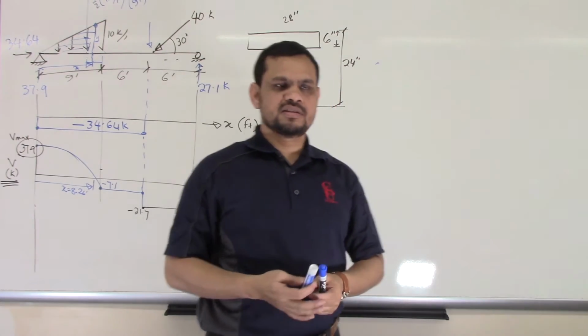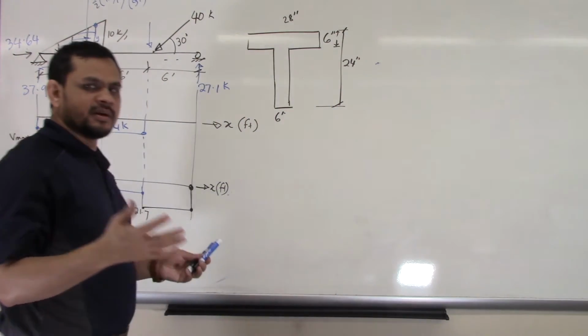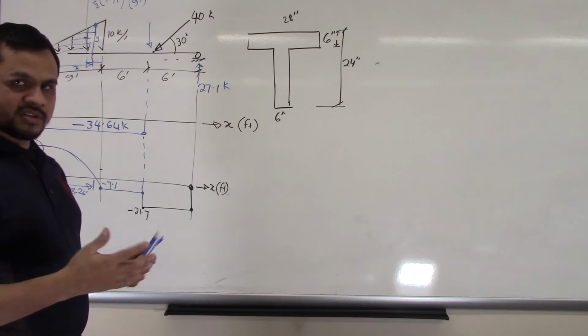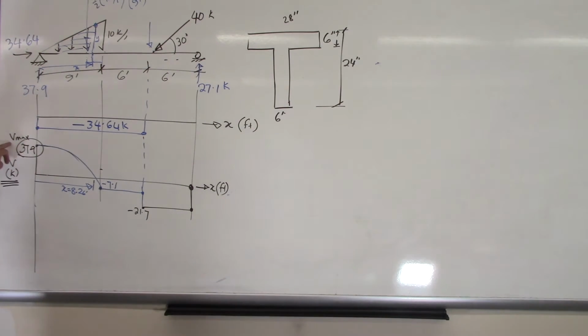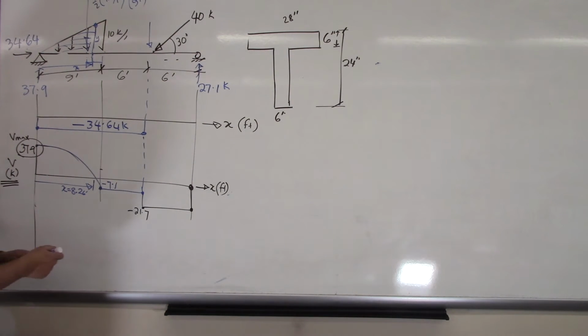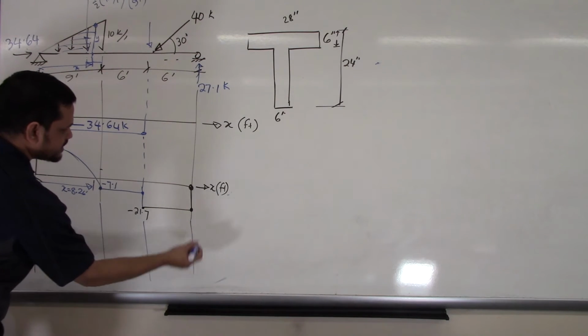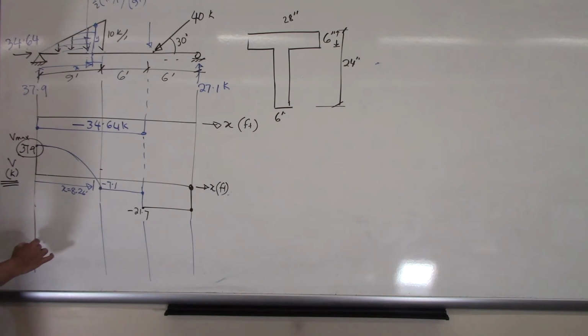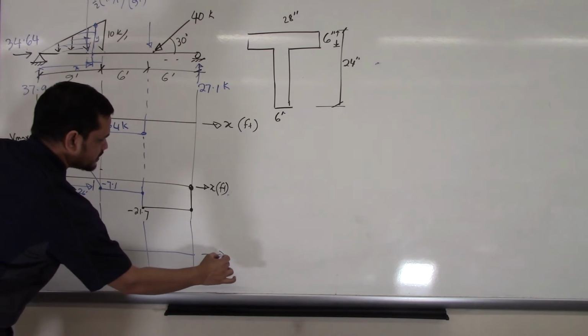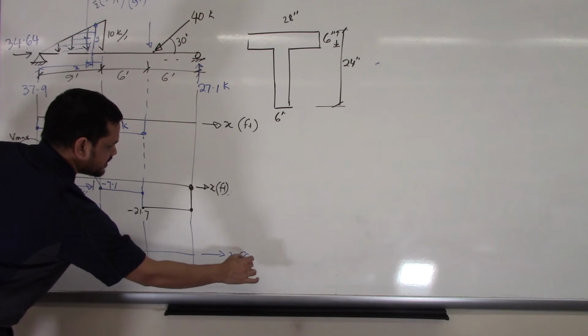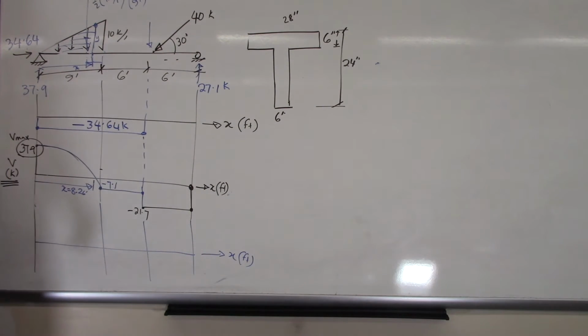The stress is the concern. So we should be concerned about maximum shear force. Once this is done, then we will draw the moment diagram. What is my moment diagram? So this is again distance. The moment diagram is the summation of area of the shear force diagram.